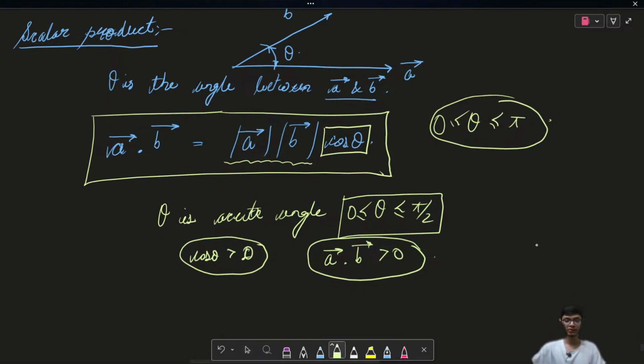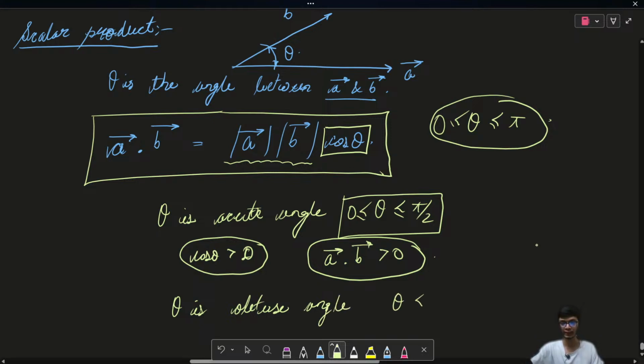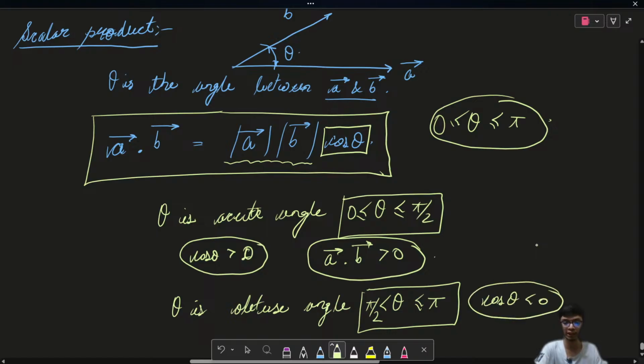Is this part clear? Similarly, if theta is an obtuse angle, that is, it lies between pi by 2 to pi, in this case I will have cosine of theta negative, because it lies in the second quadrant.